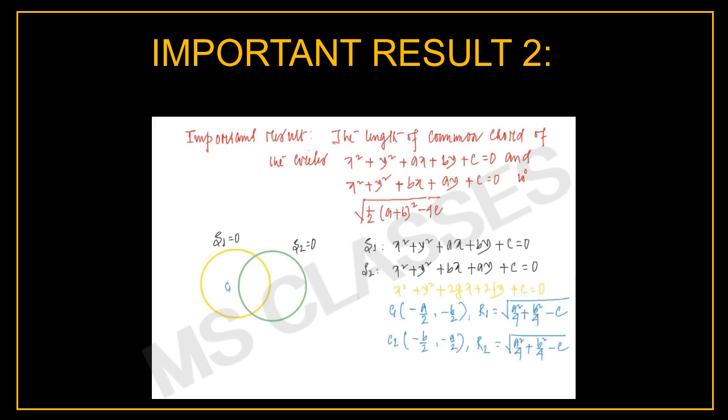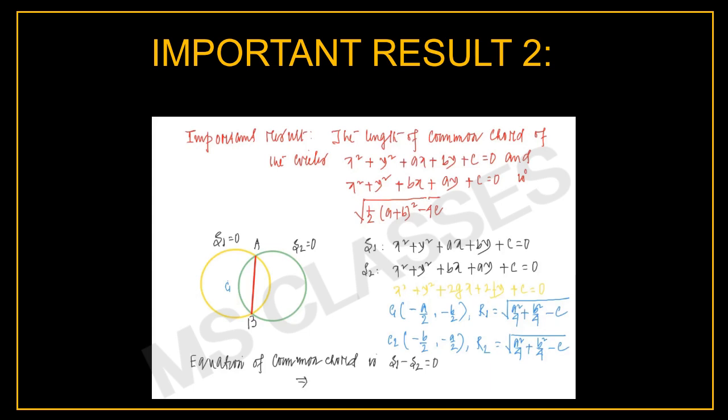Now here we understand that these two circles definitely have a common chord, which will be AB. Now we can find the equation of the common chord. The equation of the common chord is S1 minus S2 equal to 0.